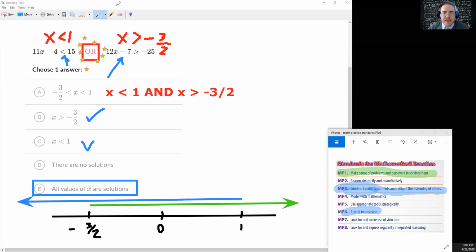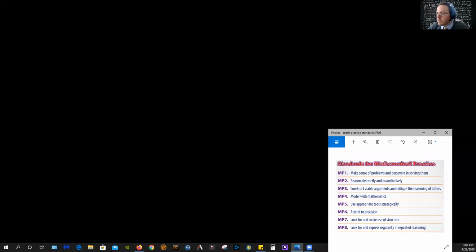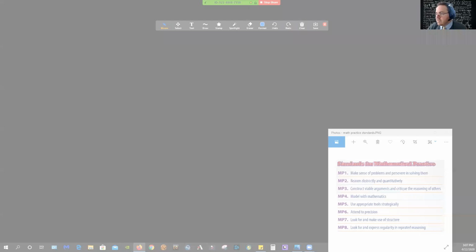Let's clear these drawings. Now let's go to that other problem that 5 people got wrong, because it is an "and" problem. Okay, this is not the exact same one I clipped, but it's got to be really similar because 5 people missed it, and it's an "and."